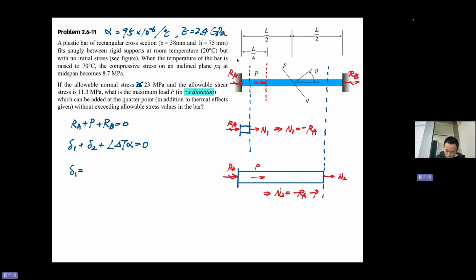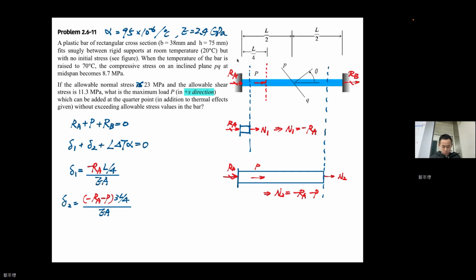And then delta 1, of course, will be N1, minus RA, L quarter divided by EA, the material. And delta 2 equal to minus RA minus P, 3 L quarter divided by EA.